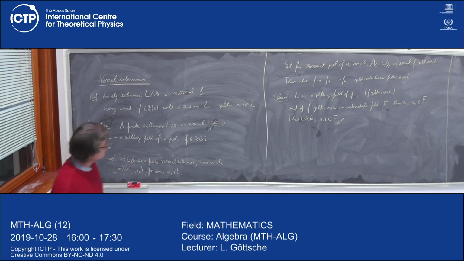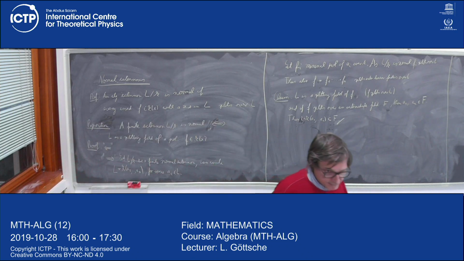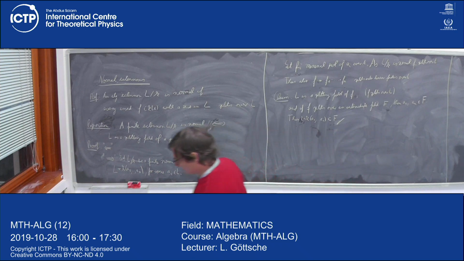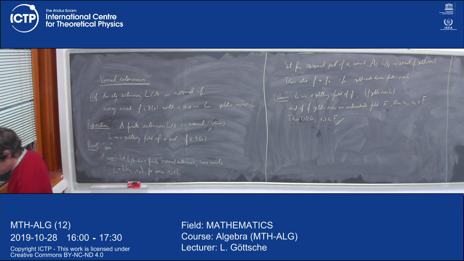So the statement is, normal means that any irreducible polynomial with coefficients in the smaller field which has a zero in the bigger field already splits.